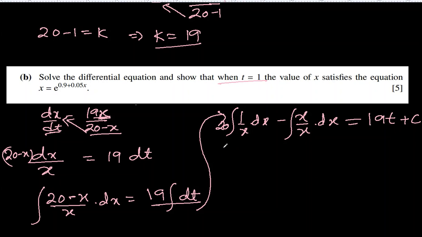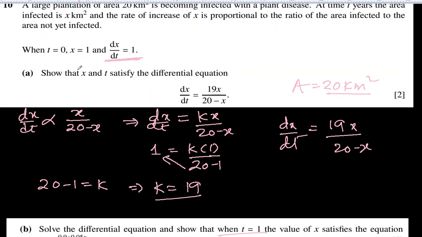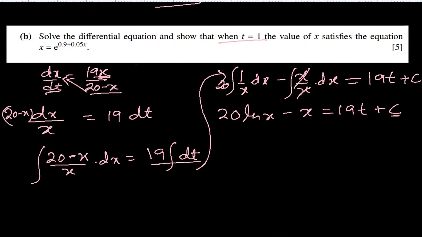Okay, the integration of 1 over x is 20 ln x. And the minus x over x cancels, so what is the integration of 1? It is just x. Equal to 19t plus c. Now we have to evaluate c, and that situation will be useful here to find c. They said when t is 0, x is 1, and this combination we can use here to find c.